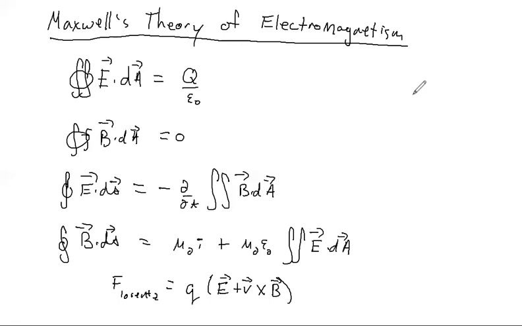These were kind of amazing because if you go back to the late 1700s or early 1800s, electricity and magnetism were just two separate phenomena. And with this unification, the two theories were now unified into one theory of electromagnetism, and they satisfied these equations.